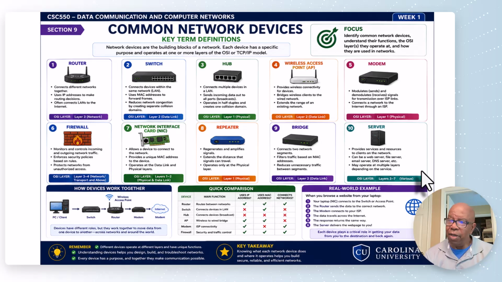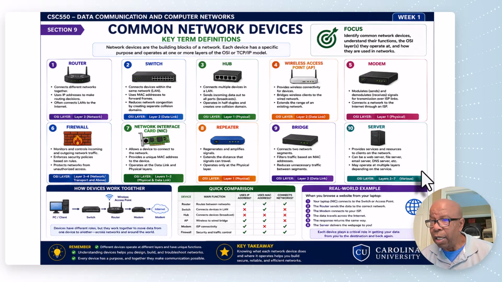Most of these things you've already seen, especially a modem or a router. You've come in contact with that in building your LAN or connecting to a LAN that you might be using, for example, Carolina University, or at home where you have a modem to connect.